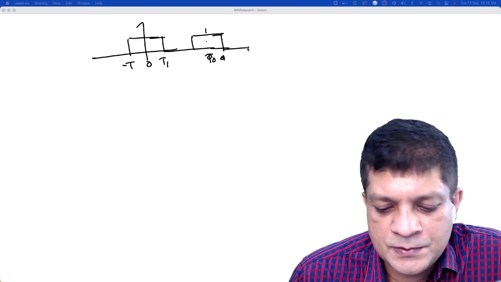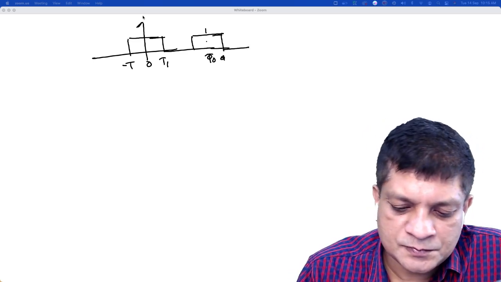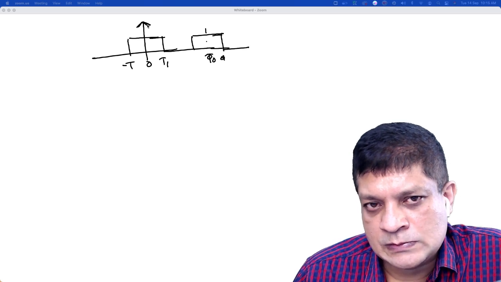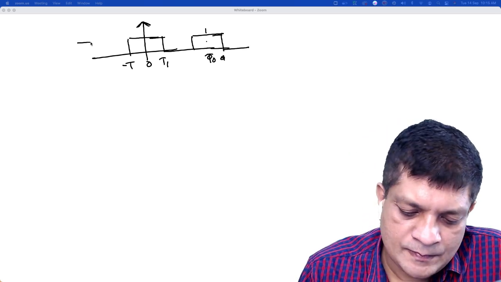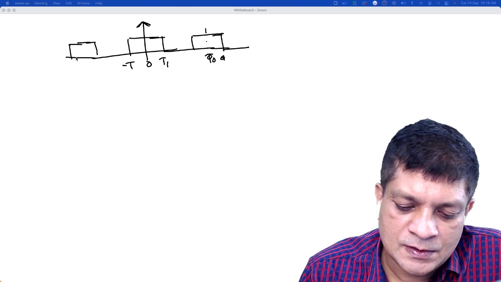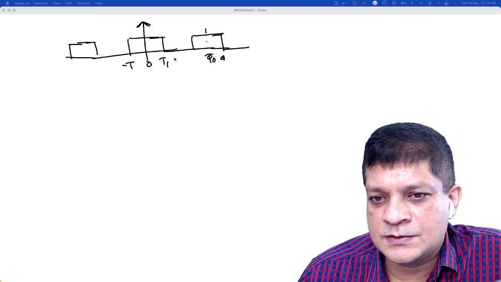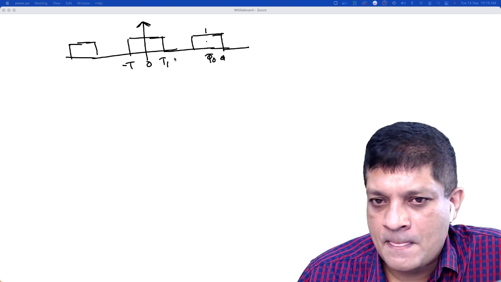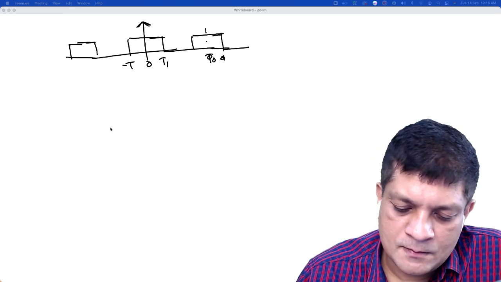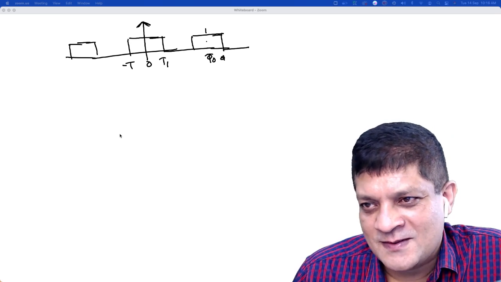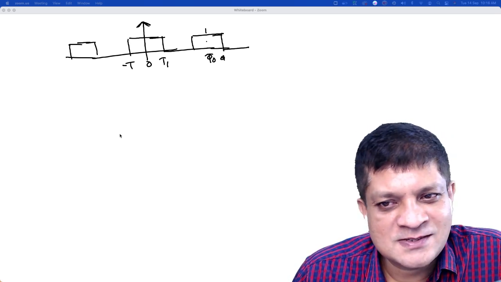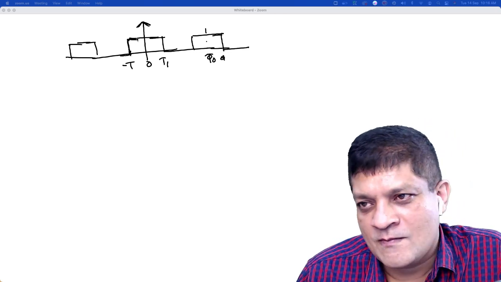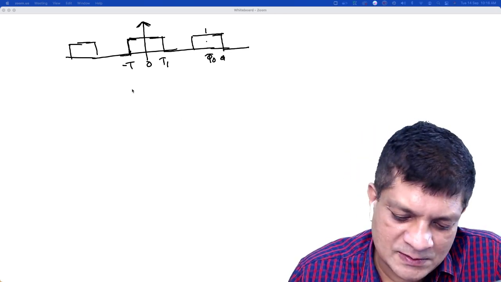What is the derivative of this rectangular pulse train? Is it 0 throughout? What about this discontinuity? There is a delta function, isn't it?